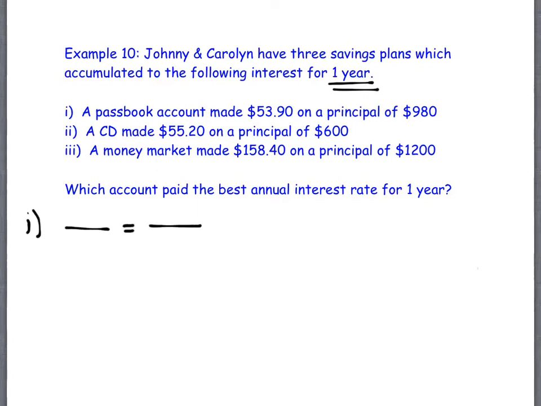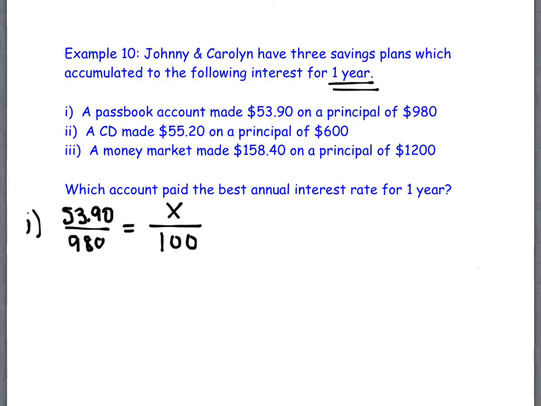So on problem number 1, it tells us that the amount that they made was $53.90. So that will go in my numerator. And the amount that they had on deposit invested was $980. And what we want to know is what percentage this is out of 100%, right? I've already got it set up there.